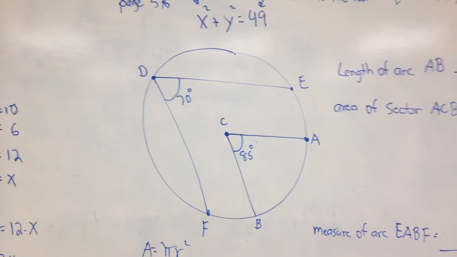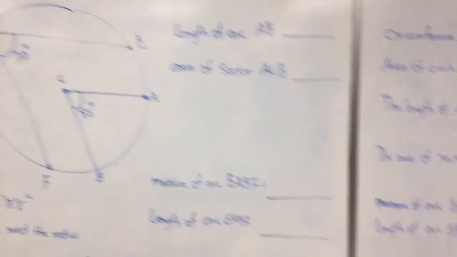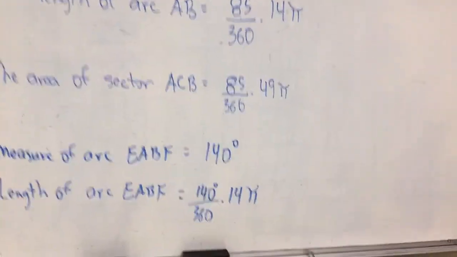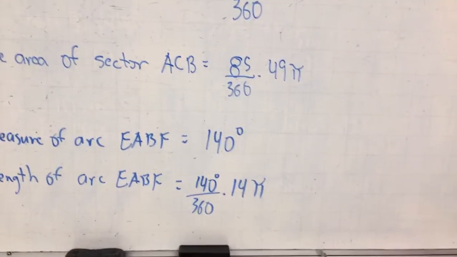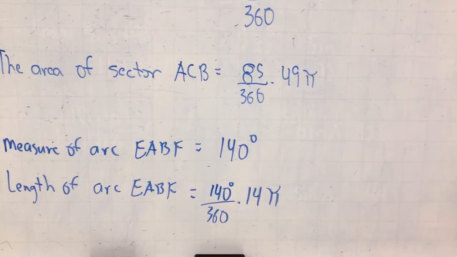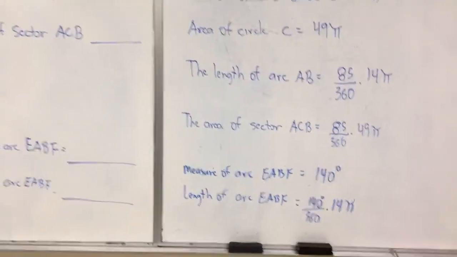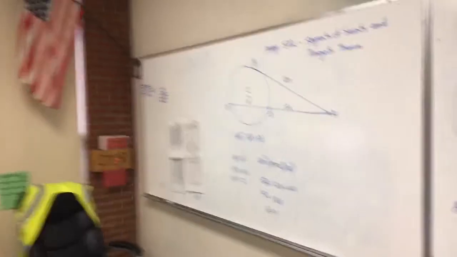Now what's the length of arc EABF? Well, it's 140 360ths of the circumference. So that's how you would find the answers for those 3 questions on your semester test.